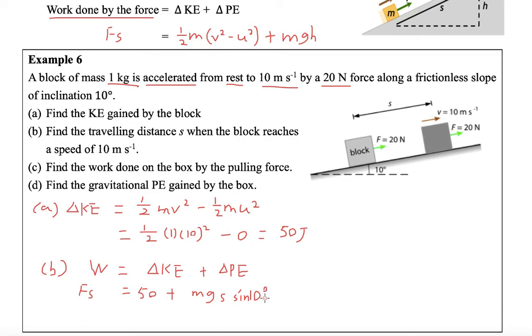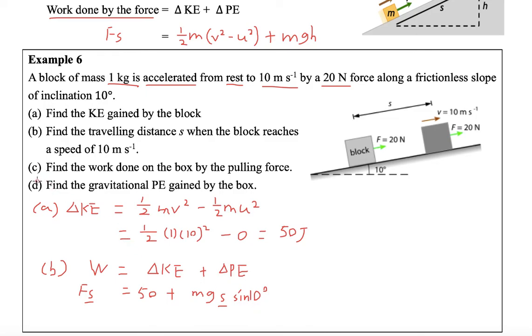It's just trigonometry. I think this should already be covered in the part on resultant force. And even if you don't know it, you can still use trigonometry to find this h, just using sine theta. So you need to find the s. You just change the subject to s and find the answer by yourself.